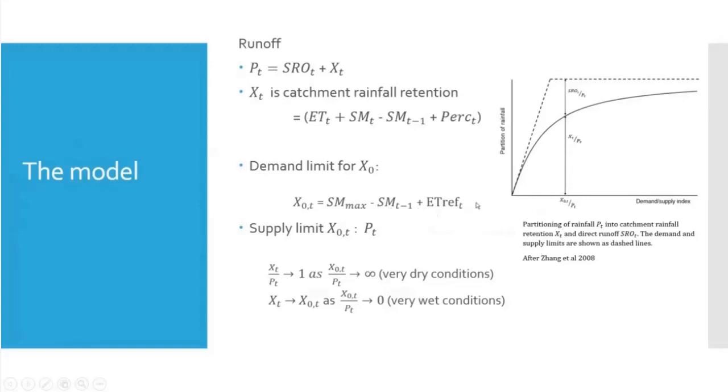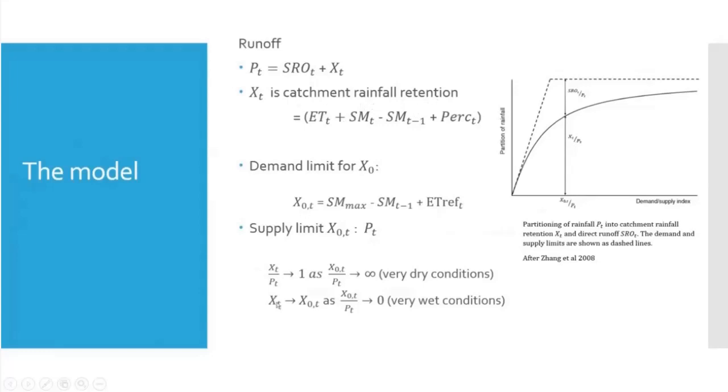That is in a very dry condition. The ratio between the catchment retention and precipitation will be close to 1. And the catchment retention will be close to the demand limit in a very wet condition, or the ratio between the demand limit and the precipitation approaches 0.